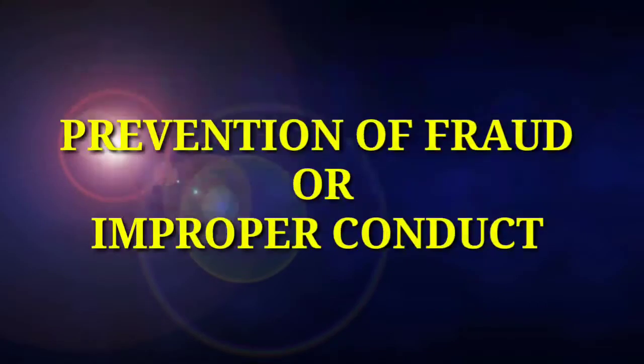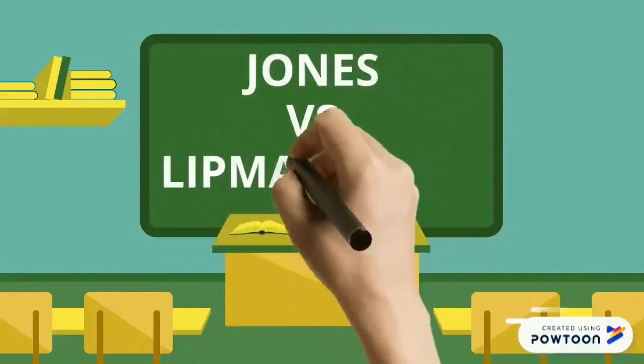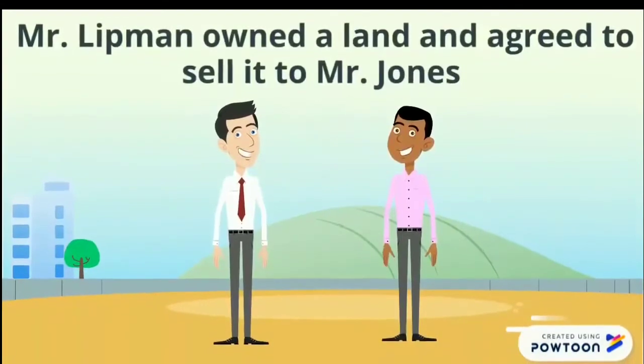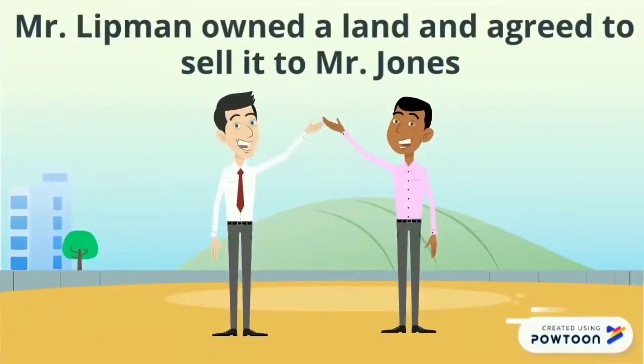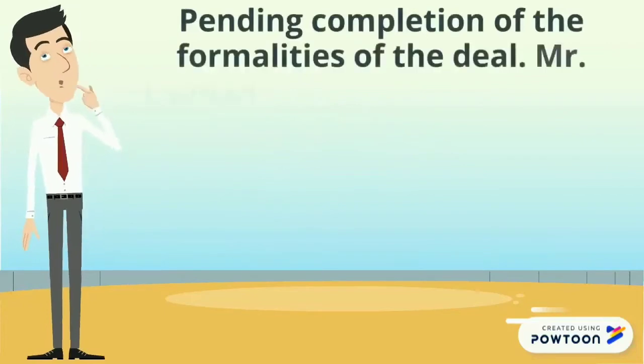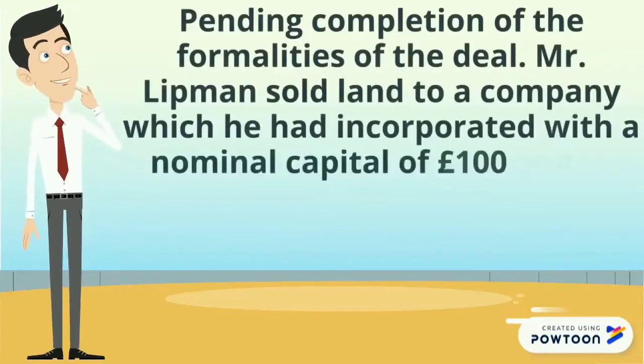The second one is prevention of fraud or improper conduct. It is discussed in the case of Gilford vs. Lipman, 1962. Mr. Lipman owned land and agreed to sell it to Mr. Johns. After that he came to know that a company would come near the land, which would increase the land value.